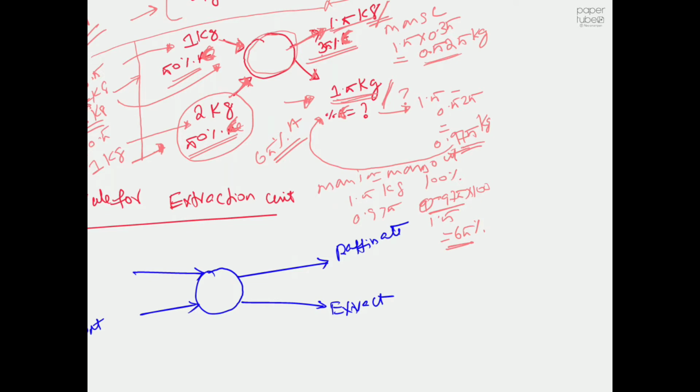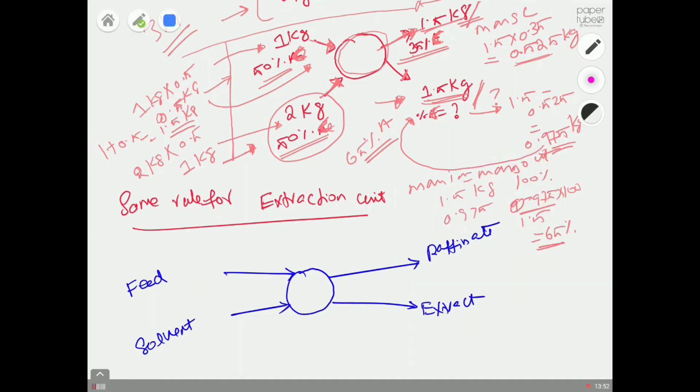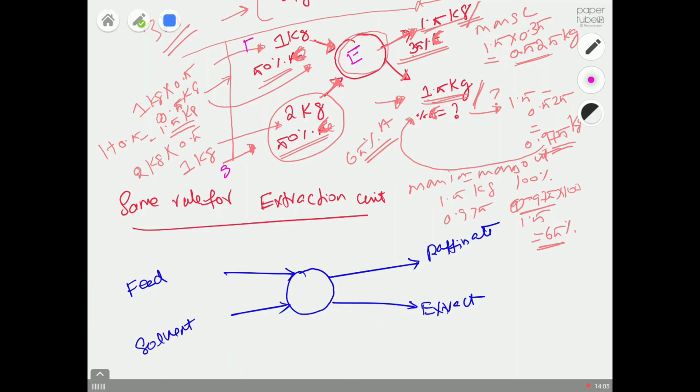But for the moment, let's change the color. But imagine if this unit is an extraction unit, then we can give some notations. Let's call this stream a solvent, and then this stream we can call a feed solution. And then the stream that comes out at the top, we can give some notation, say extract.